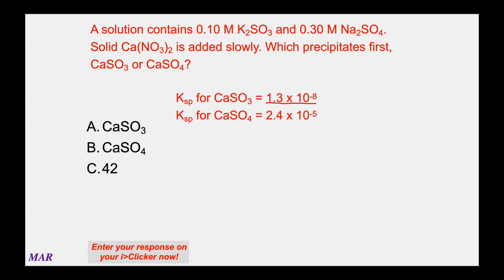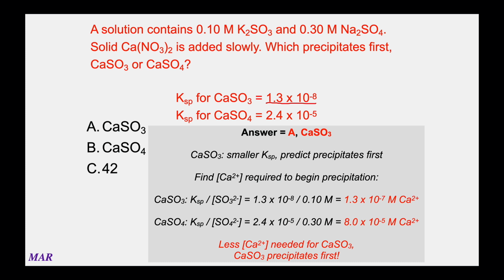That's already pretty small compared to 2.4 times 10 to the minus 5. So because the KSP for calcium sulfite is so much smaller, I would argue that the calcium sulfite will precipitate first.